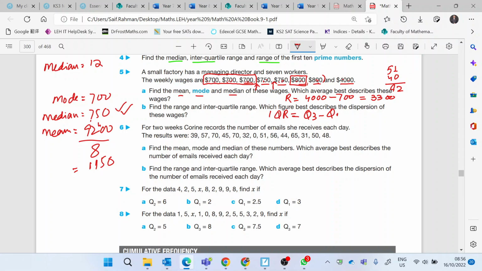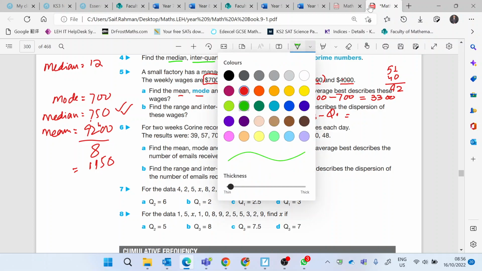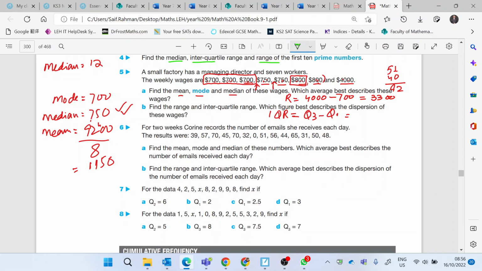So you have to find the middle of these two values: Q1 is the middle of this section and Q3 the middle of this section, and subtract them.